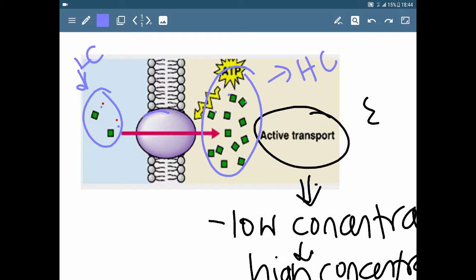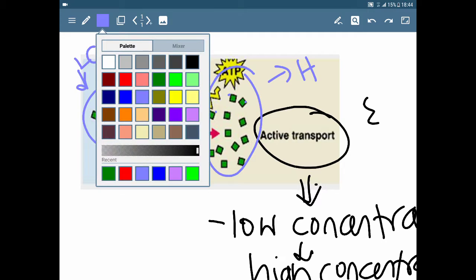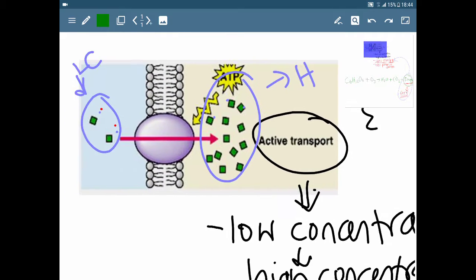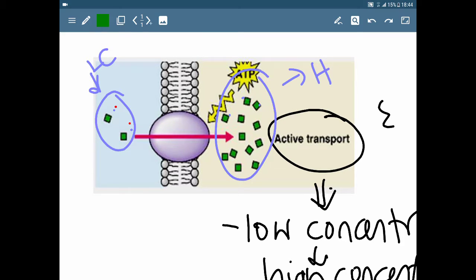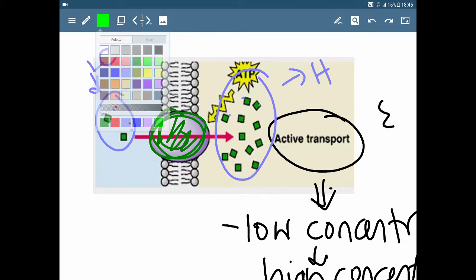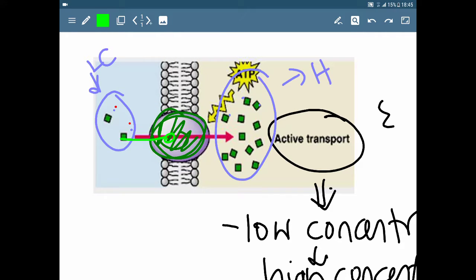So using this protein carrier, it basically just takes this particle in, and it takes this out.